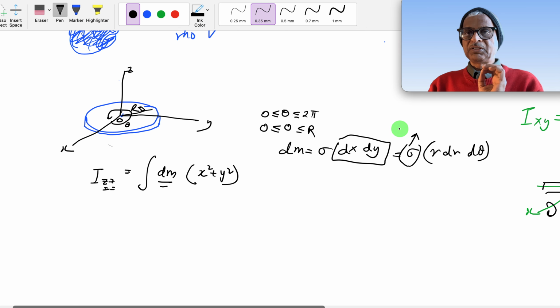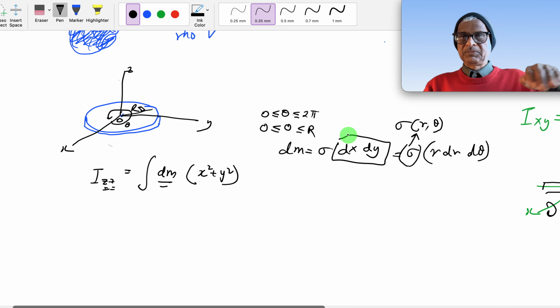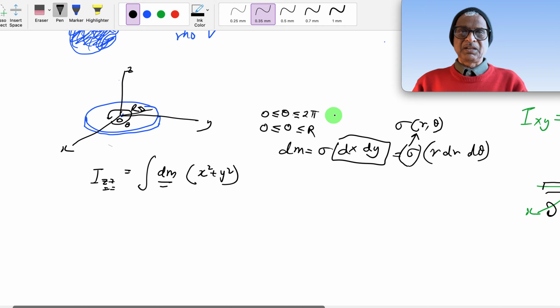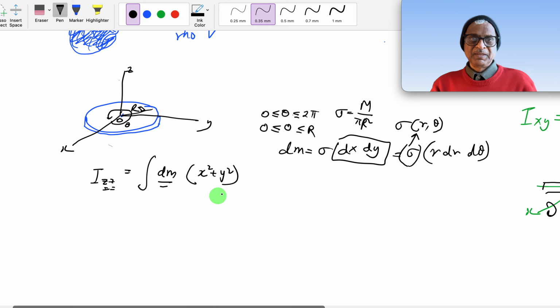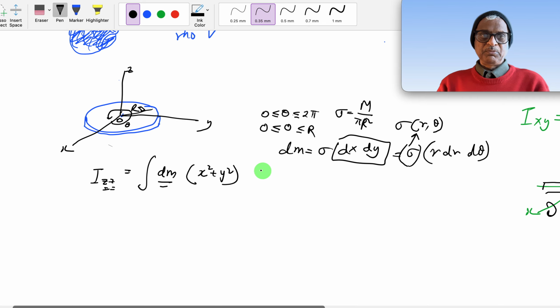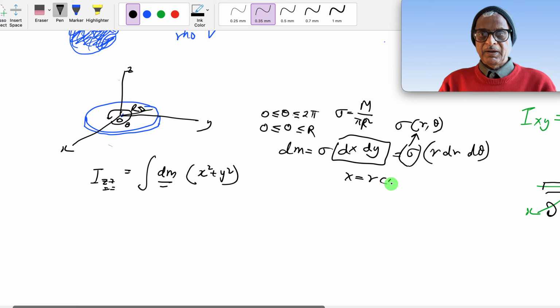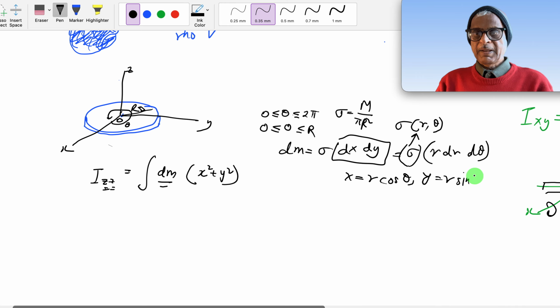Here it's constant, but I can write sigma in terms of r and theta. Regardless of its density, it's fixed here. Sigma is mass over pi r square. All right, so let's use this form, and then x is r cosine theta and y is r sine theta, and this just becomes r square.